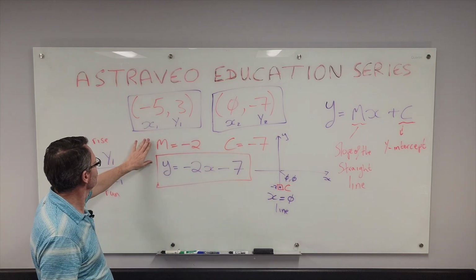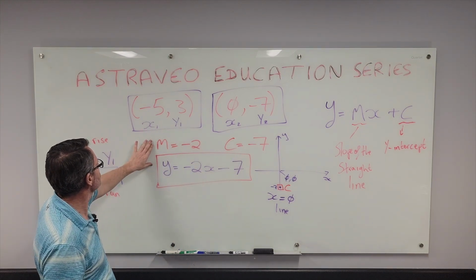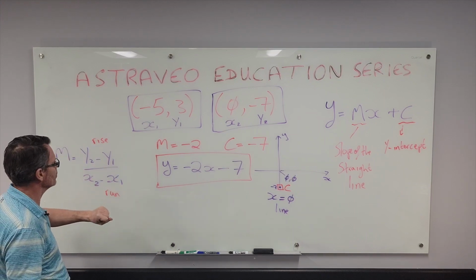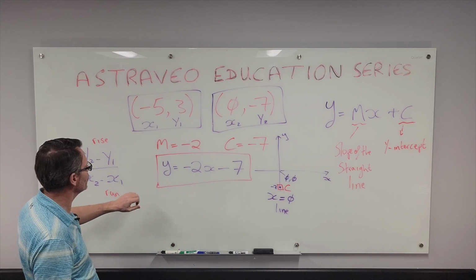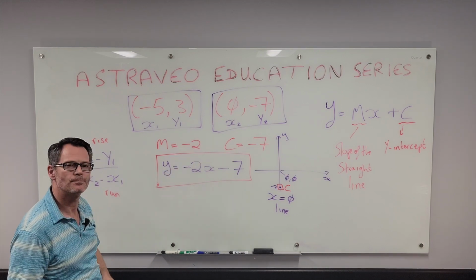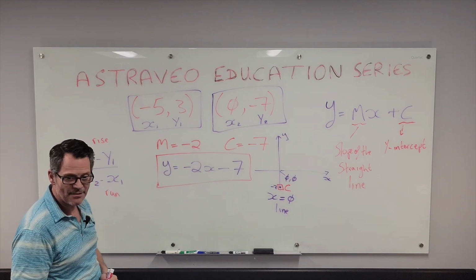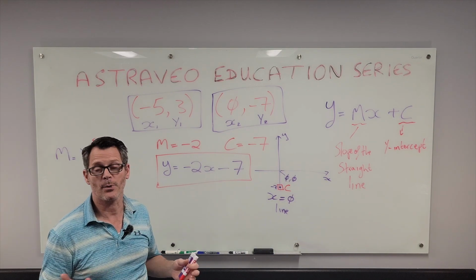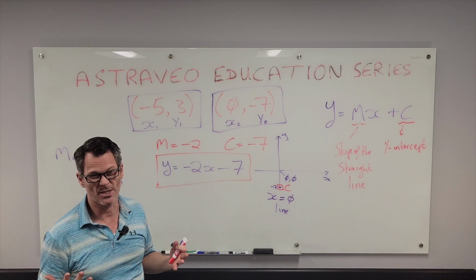The slope was very easy to calculate because we did y2 minus y1 over x2 minus x1, and we were able to work out that the slope is minus 2. Very nice. Now that worked out really, really easily. We got c for free because we had one of the values that was x equals 0.